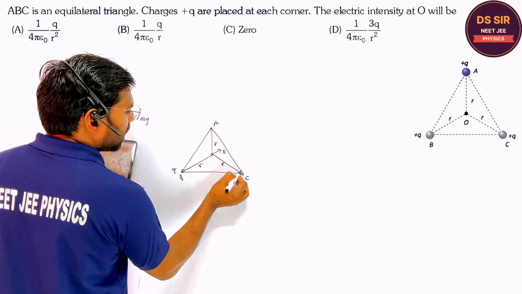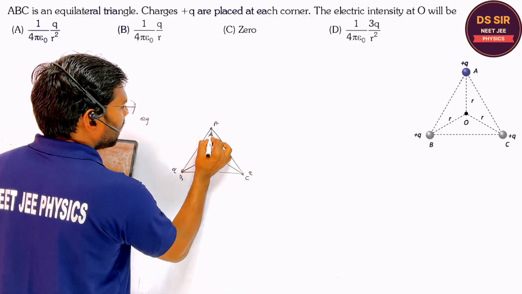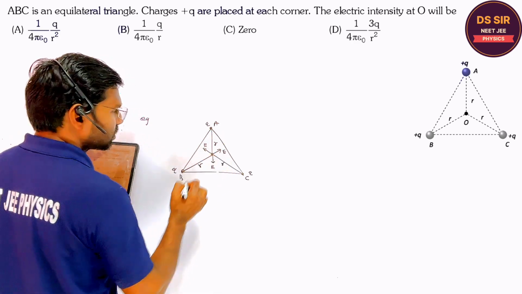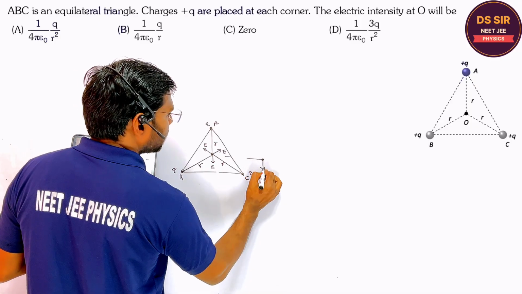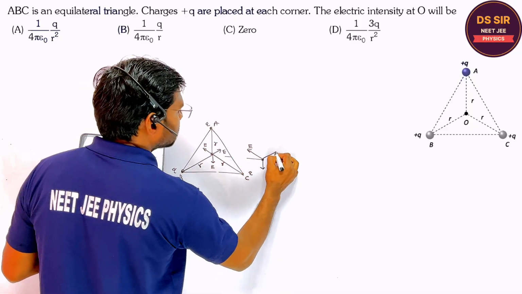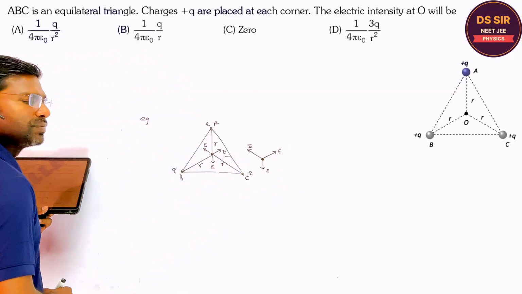Because of the charge present on C, the electric field is in this direction. And because of this charge Q, the electric field is in this direction. Is it clear or not, you tell?